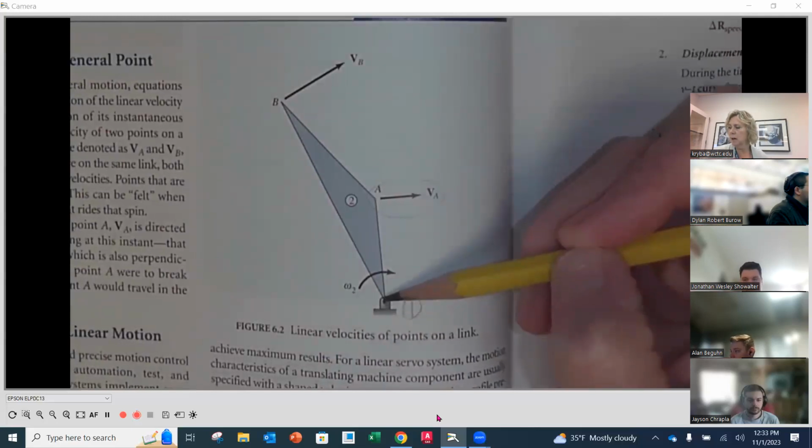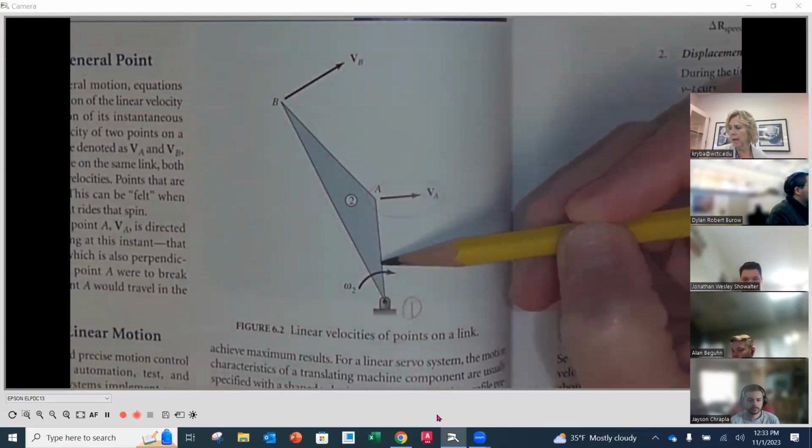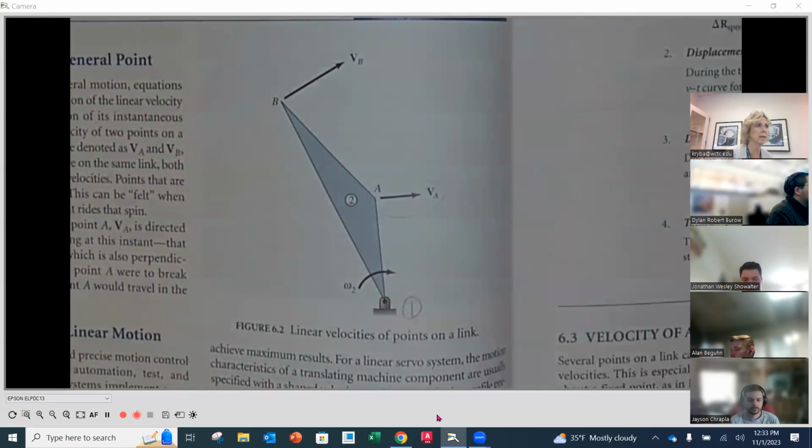But as soon as we start moving away, all of a sudden we have straight line velocity. Now, how much? We're going to be using an equation that relates it to its distance away from its center of rotation.